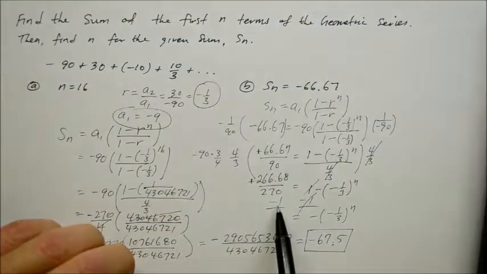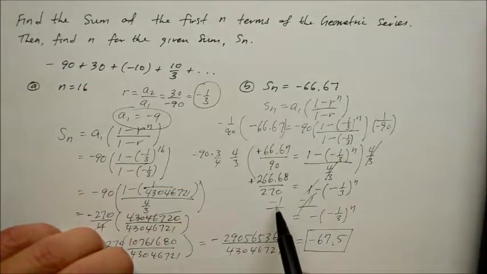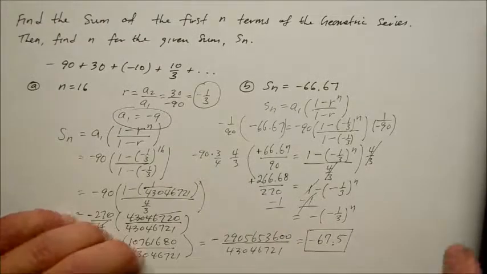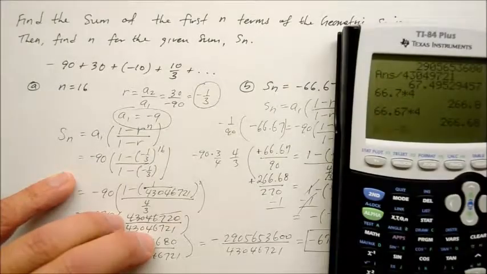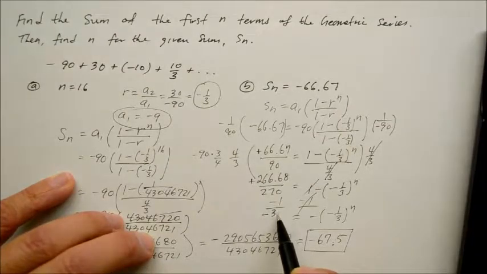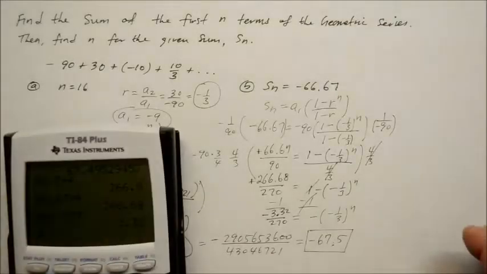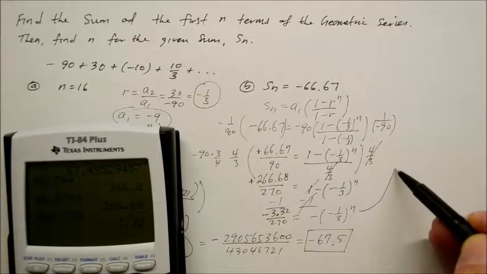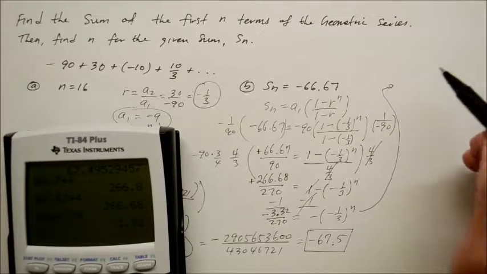So now when I bring that negative 1 over, isn't that like saying 270 over 270? And 270 minus 266.68 gives me negative 3.32. So that's negative 3.32 over 270. And now, let's continue this over here with the limited space that we do have.